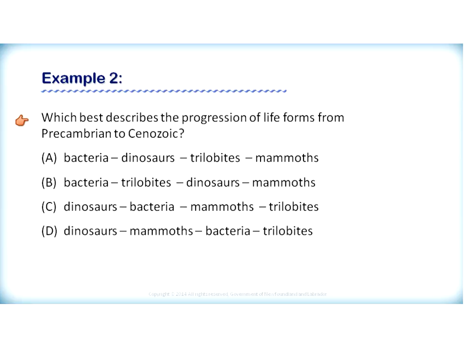Example 2. Which best describes the progression of life forms from Precambrian to the Cenozoic? So in the preceding slides, we noticed that the change in life forms existed throughout the Paleozoic, the Mesozoic, and the Cenozoic era, where we had invertebrates evolving into fishes, which evolved into amphibians, which evolved into reptiles, and lastly evolved into mammals, which dominate the Earth today.